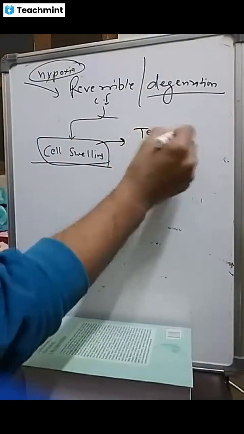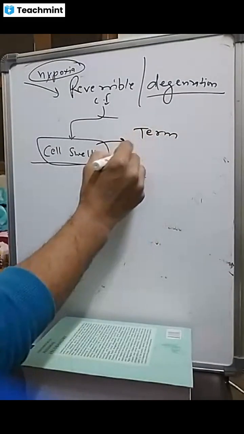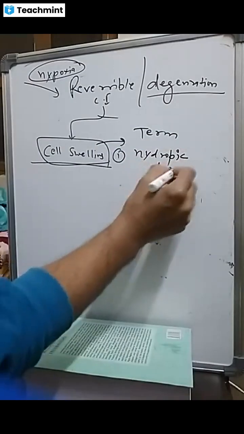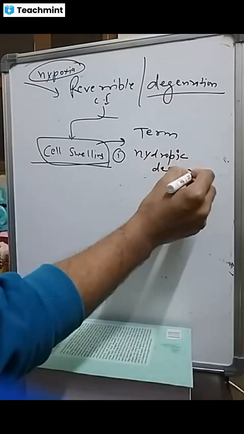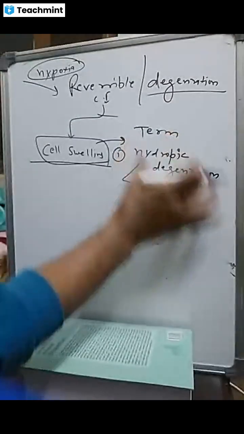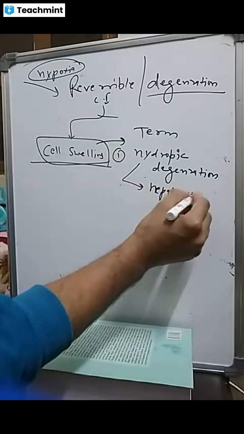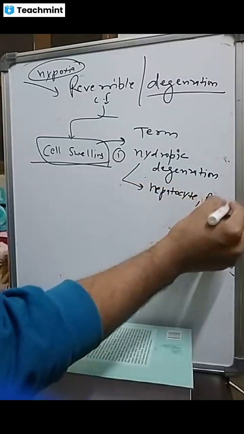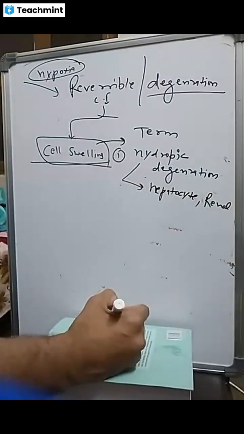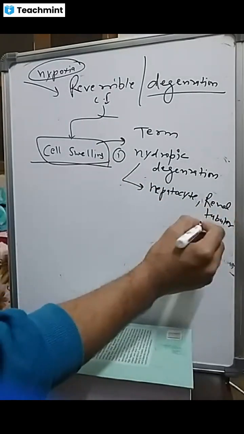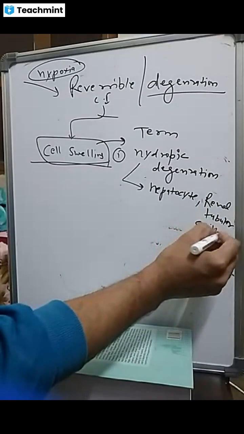There are some terms. Number one, hydropic degeneration. This term is used in the case of hepatocytes and renal tubular epithelial cells.